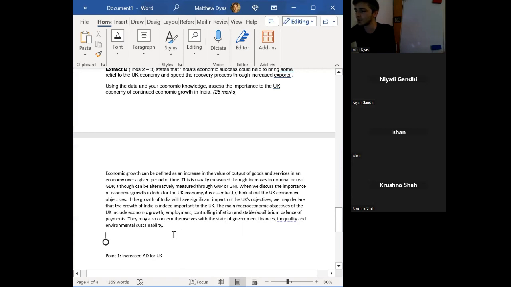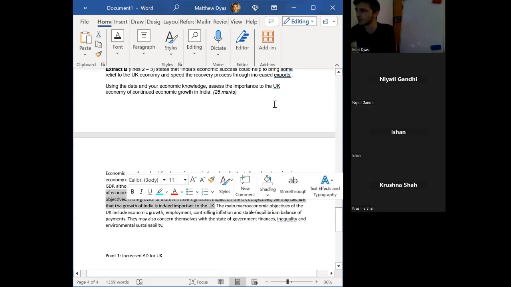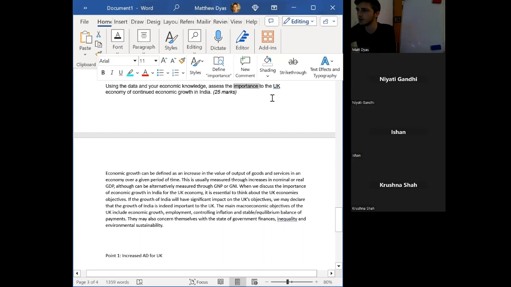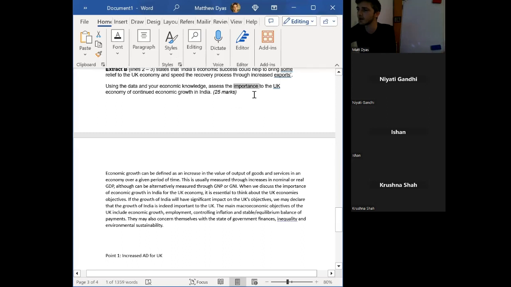This introduction isn't just regurgitating knowledge, definitions or even AO2. It's literally spelling out how I am going to approach this question, and how I am interpreting the question that's been given to me, especially as they've deliberately given me this word importance. There's no economics class where they're going to say, here is the definition of importance.